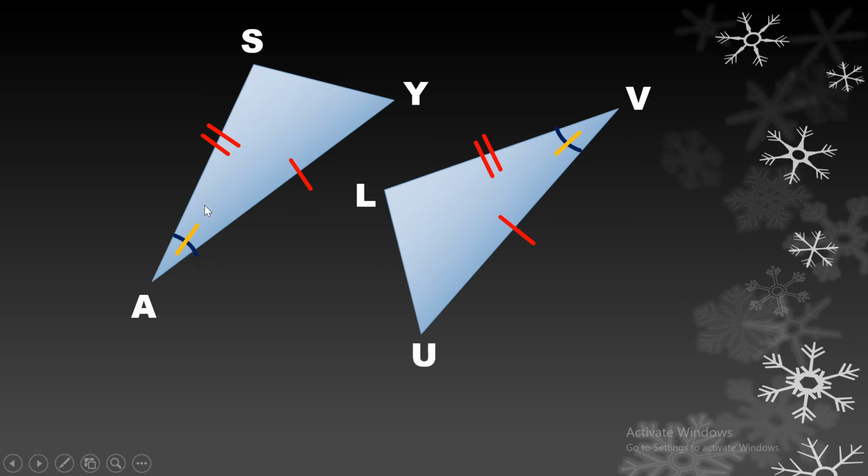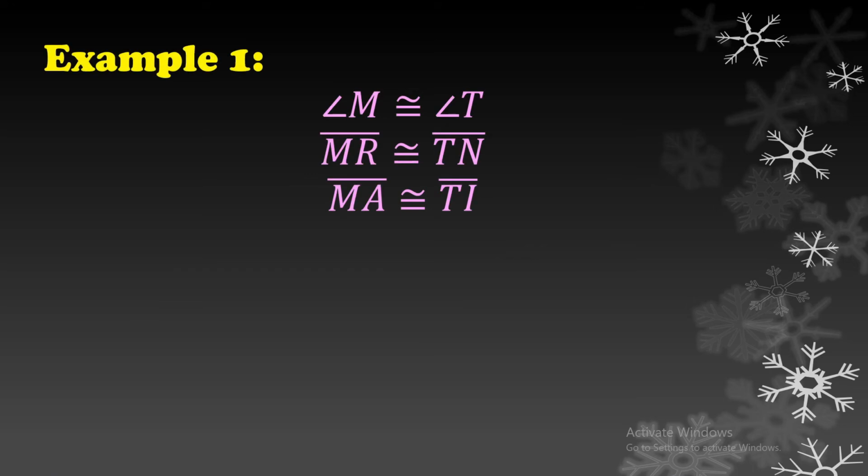Now, if that angle is the included angle, then we can use the SAS postulate. Okay, let us have examples. Given here are the three corresponding congruent parts of two triangles. Using only these three congruent parts, can we prove that the two triangles are congruent using the SAS postulate?